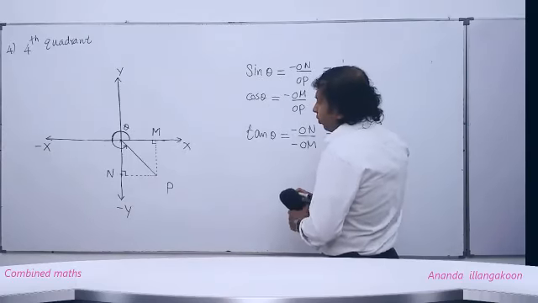Second quadrant, only sine positive. Third quadrant, only tan positive. Fourth quadrant, only cos positive. Then you have to remember this story.